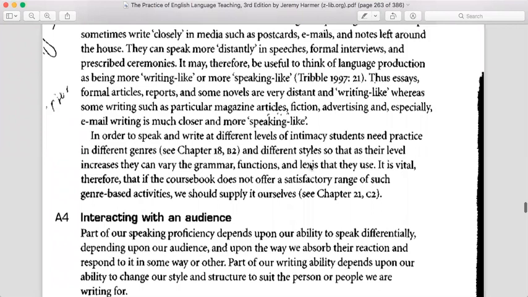So for this, students need practice in different genres and in different styles, right? And that needs a certain level of grammar, vocabulary, which is also called lexis, and the functions.